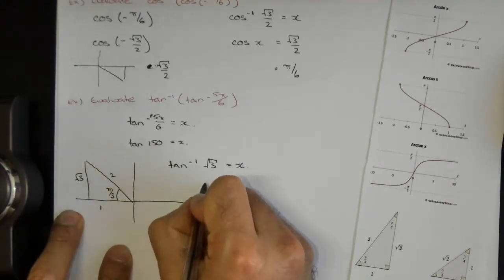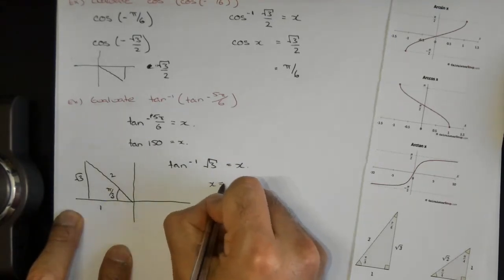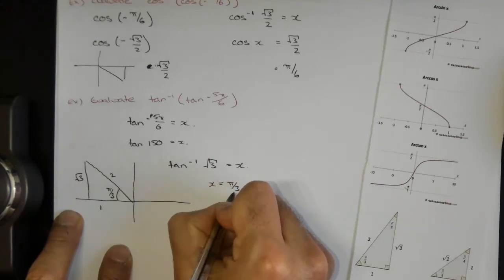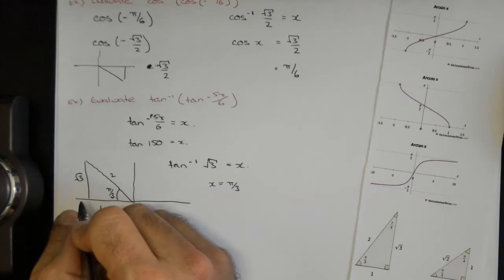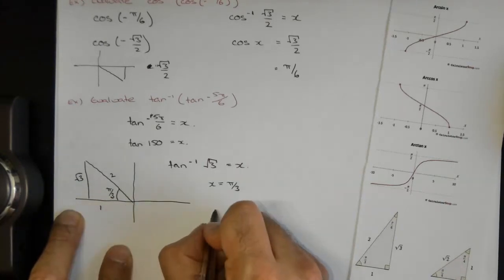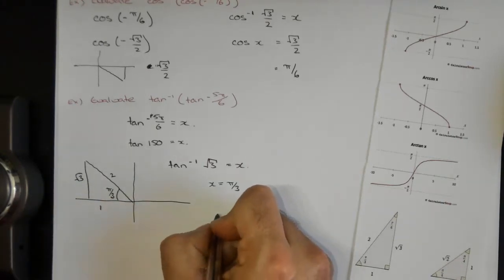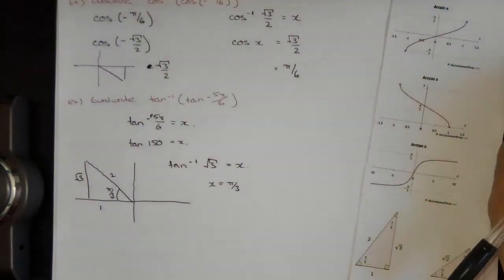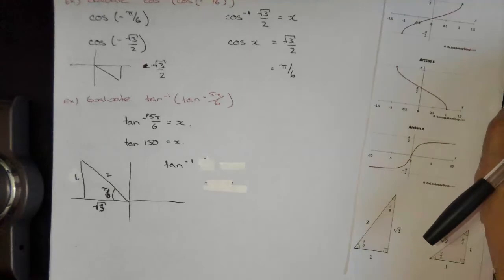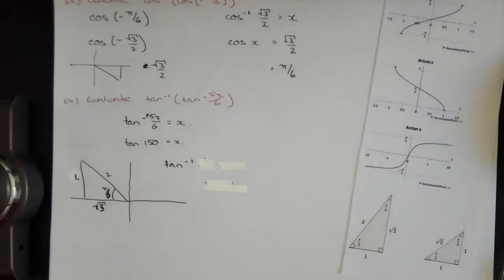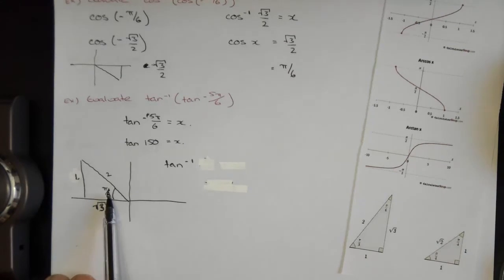So we've got x equals pi on 3. However, we're in the second quadrant. Okay, sorry, it wasn't. It's actually 30 degrees, so 30 degrees is equivalent to pi on 6.